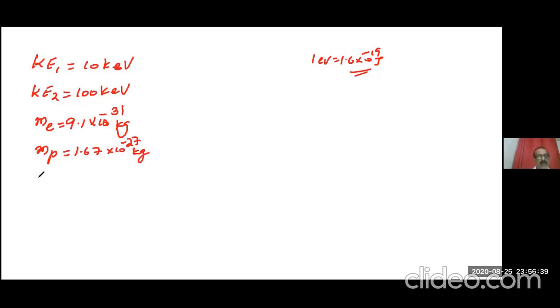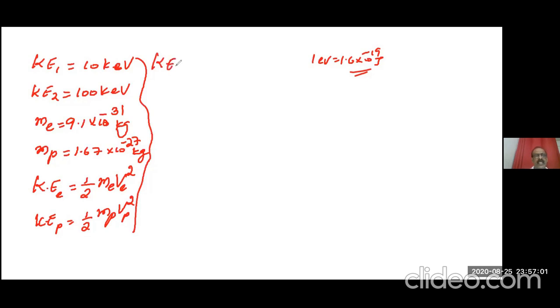Now let us see. Kinetic energy of the electron is half into mass of the electron and velocity of the electron squared. Kinetic energy of the proton is equal to half into mass of the proton and velocity squared.